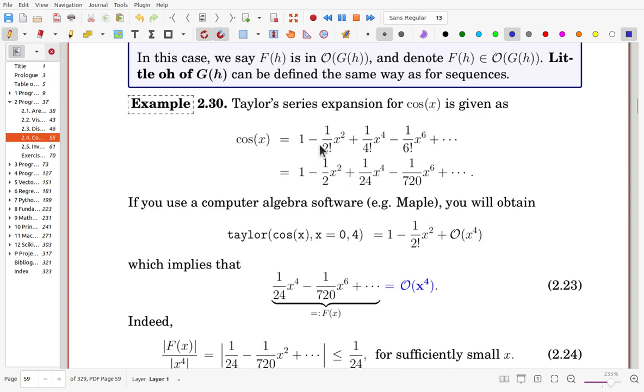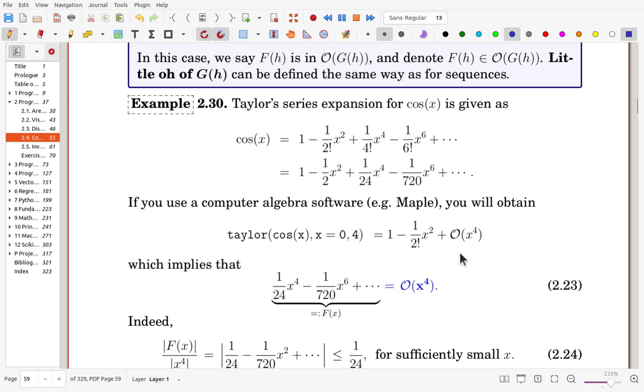The linear term is there, but its coefficient is 0, so we don't have it here. Also the third term has coefficient 0, so the constant term, first, second and third terms make 4 terms. So the 4 term expansion is only this one, and then that is the remainder, order x to the 4.